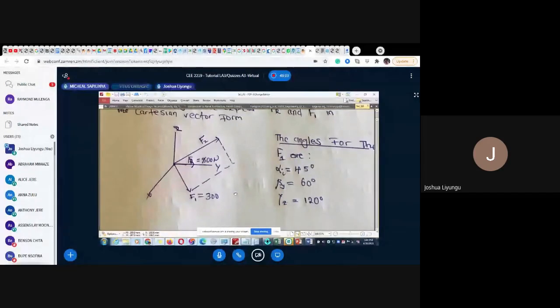You are saying we separate? Yes, we try to separate them into two triangles. Now, if you separate them, you tell me which equations are you going to use? Which equations are you going to use?